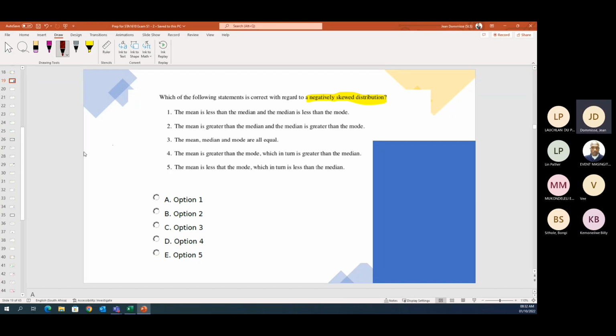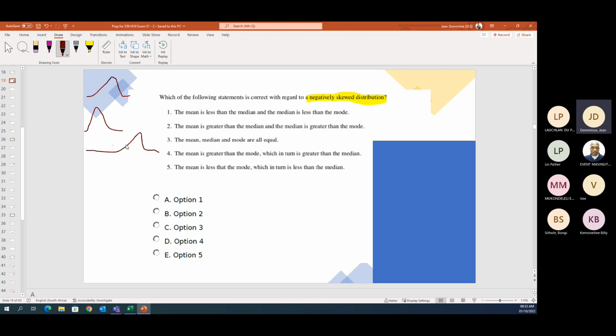So let me just get it right. It looks something like that. Let's say that is a normal distribution, then your positive skew is also called tailed to the right, and your negative is tailed to the left.